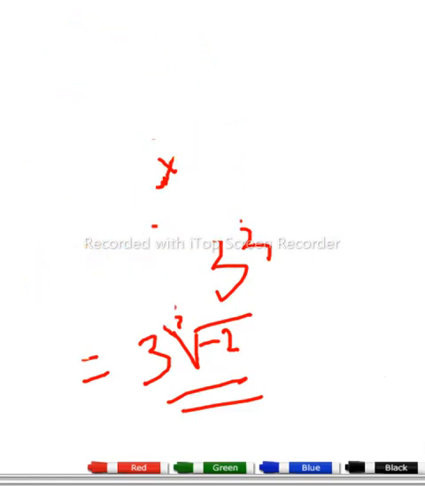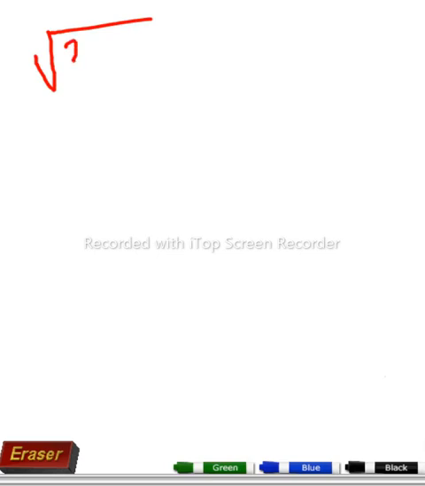Let us write the question again. The perfect answer: the square root of 28 to simplify. Square root of 28 means 7 times 4.